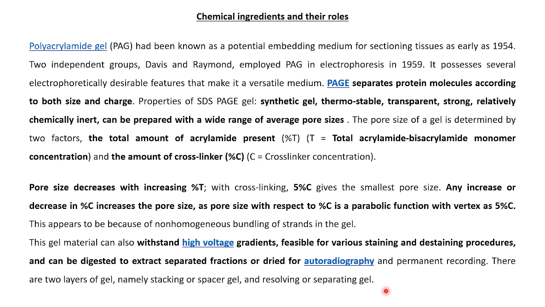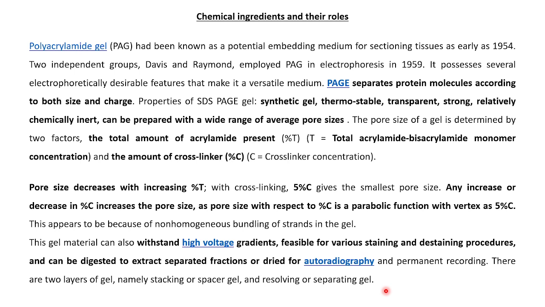It has several electrophoretic features, making it a versatile medium and in today's generation a widely used medium in different sections of biology. PAGE separates protein molecules according to both size and charge.